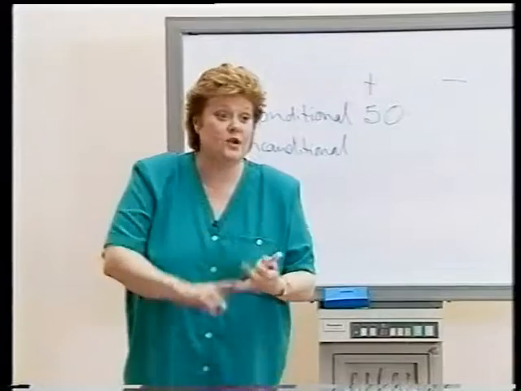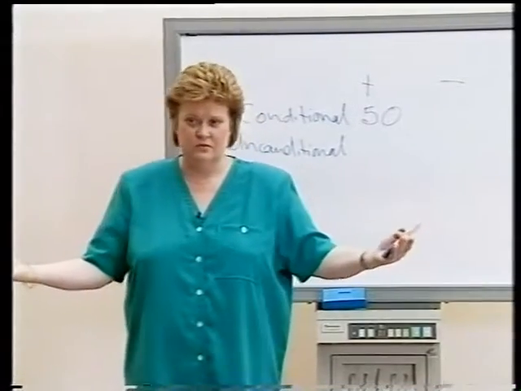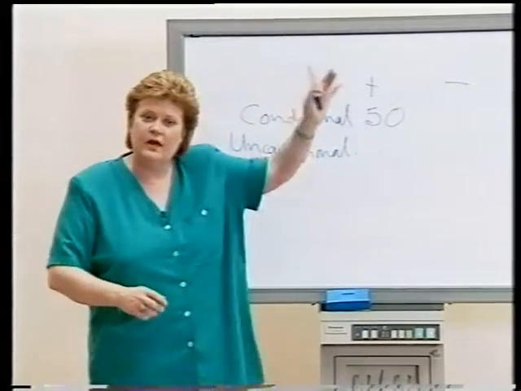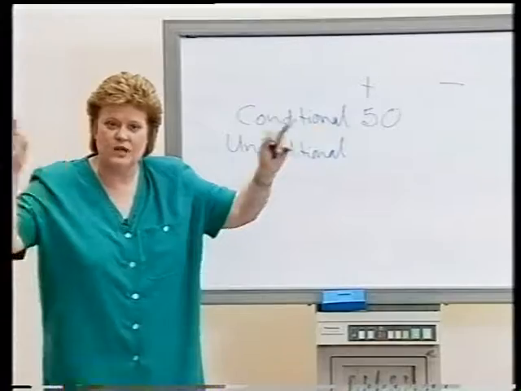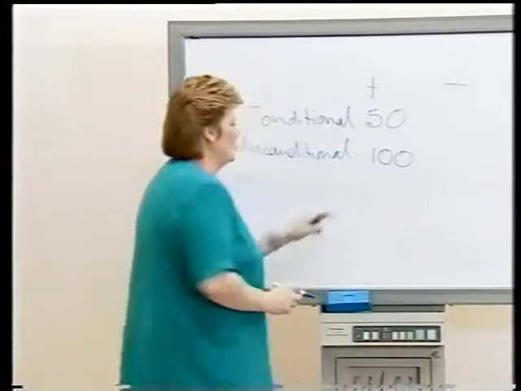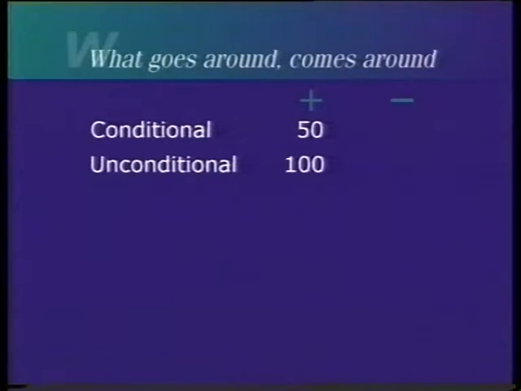There's no because, there's no reason, there's no condition. It is completely unconditional. An unconditional interaction, either adult-child or adult to adult, is twice as valuable to us, and you can deposit 100 points for each one. Twice as valuable.